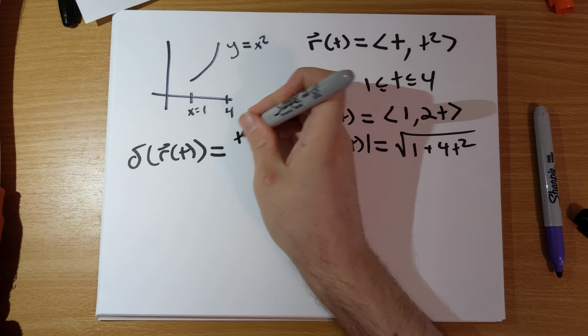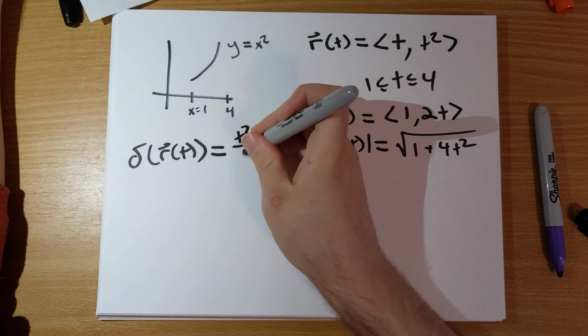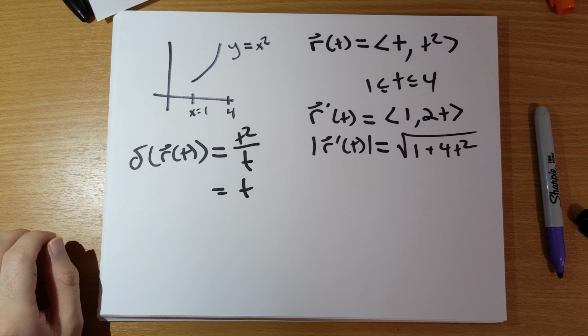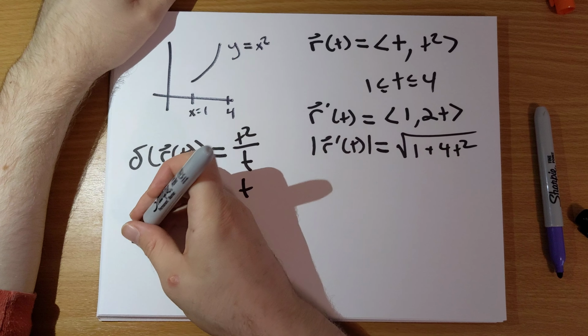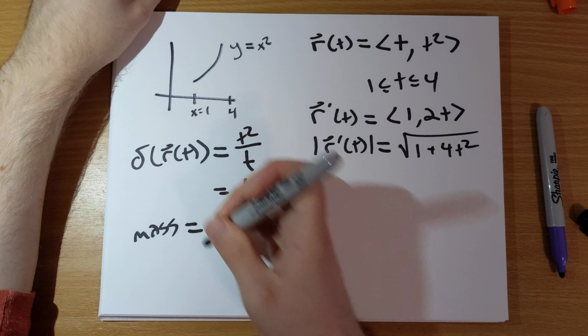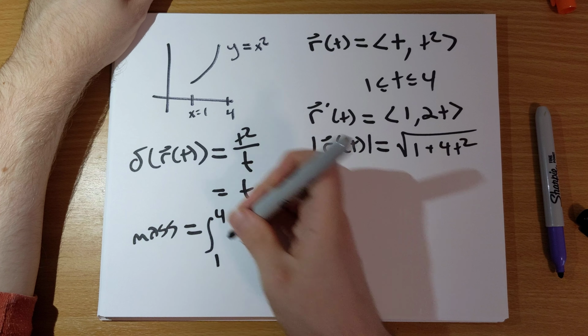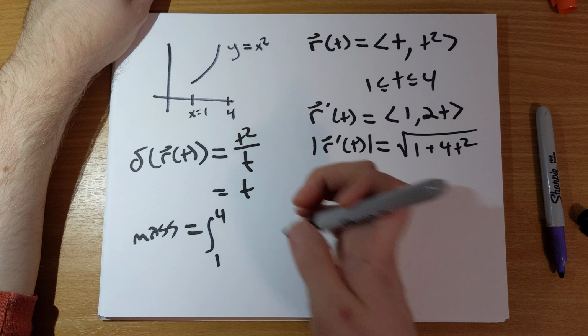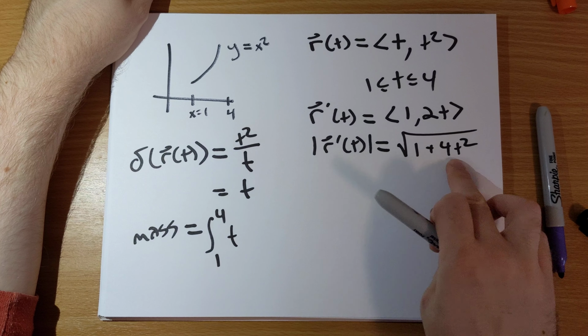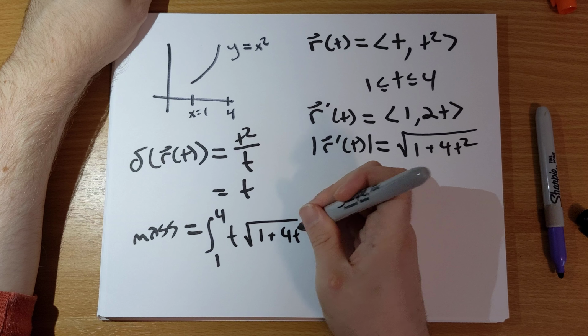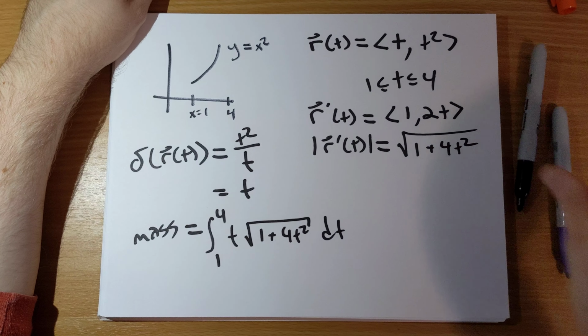Well, y here is t squared, x is t, so t squared divided by t is t. So our mass is going to be the integral where t runs from 1 to 4. Those are our bounds on t. Delta of r of t is t, times the magnitude of r prime of t, which is the square root of 1 plus 4t squared, dt.